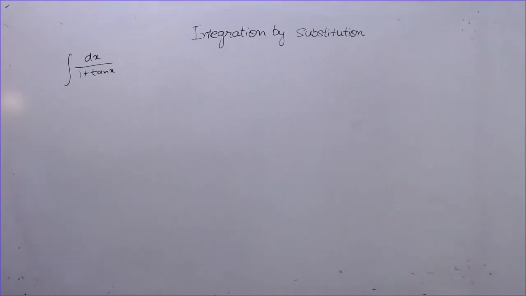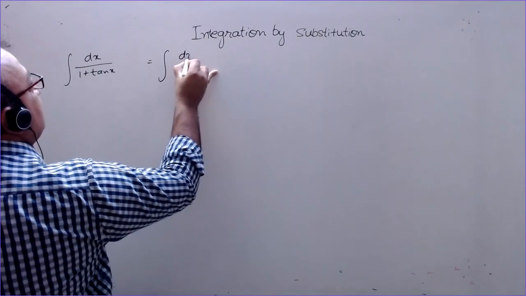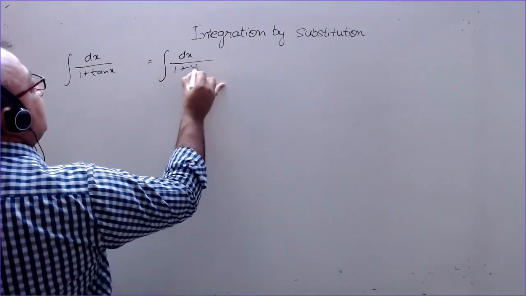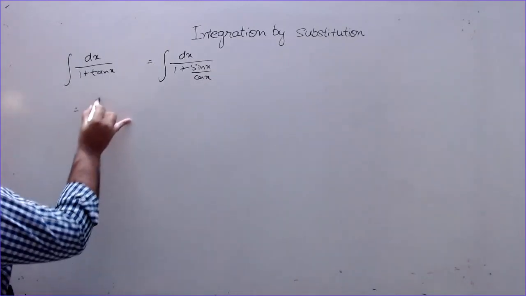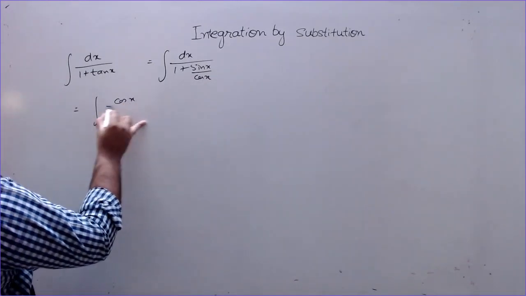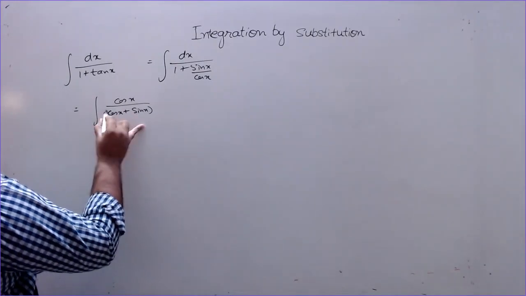So you can solve it by converting it to sine and cos also. Write tan x is equal to sin x divided by cos x. So cos x over cos x plus sin x dx.